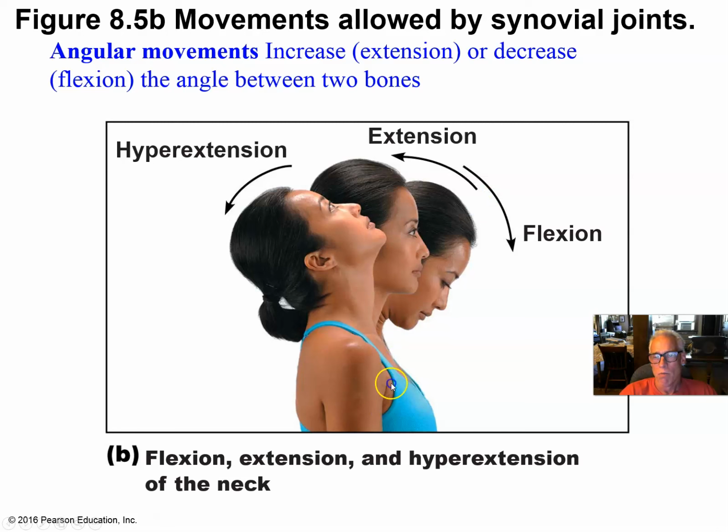And then if we move the head posteriorly into anatomical position, that angle is going to increase in value. The number of degrees between the vertebral column and the line through the neck is going to increase. That's called extension. So flexion reduces the angle, extension increases the angle.